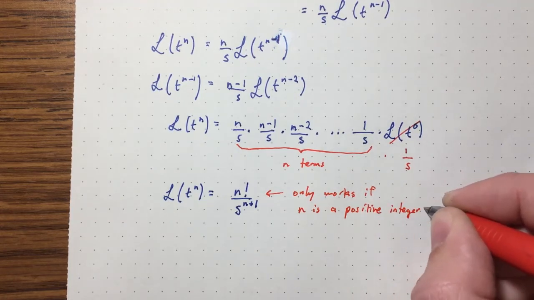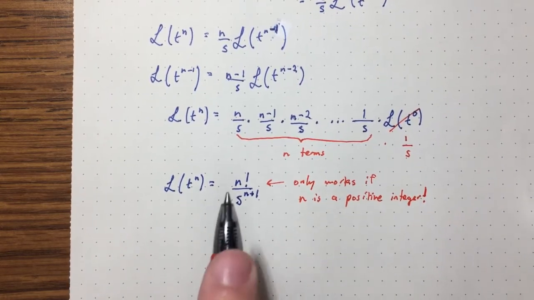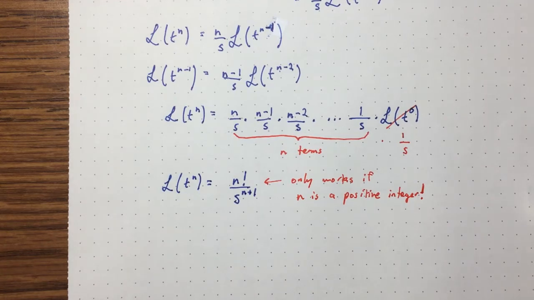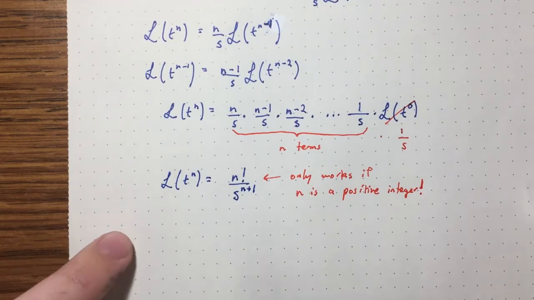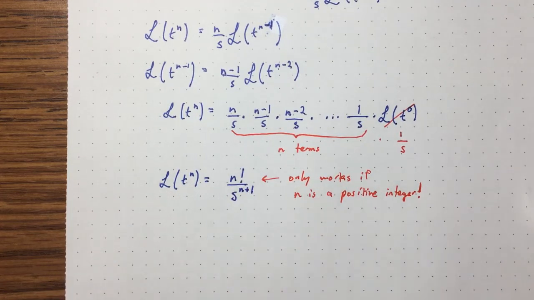And so it turns out if you want a formula that works even when it's not a positive integer, you need something that generalizes this factorial function. And that something is called a gamma function, but we're not going to talk about the gamma function in this class at least. But you can actually have a formula for t to the n where n is any positive number.